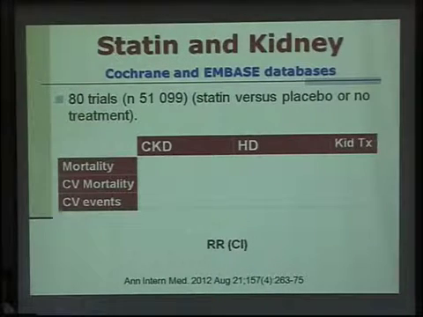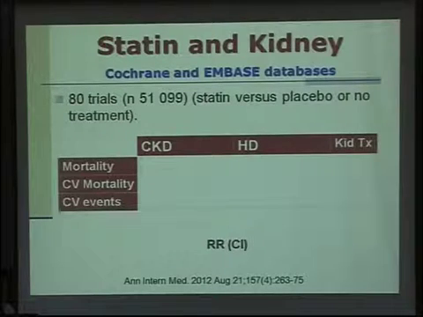So this is a meta-analysis that was published 3 years ago discussing the issue. Should we use statin in kidney diseases? And they categorized the patients as either chronic kidney disease, hemodialysis, or transplant. They looked at mortality, cardiovascular mortality, and cardiovascular events.